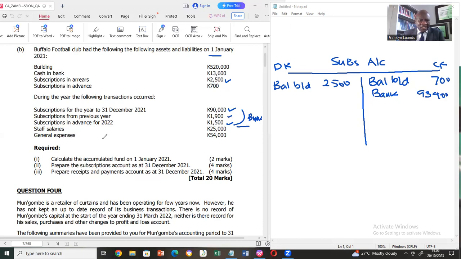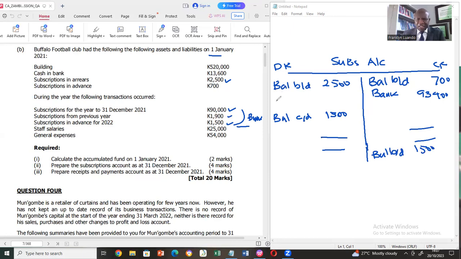At the current year, subscriptions in advance for 2022, it's this. This is a liability. So a liability at the end, this will be balanced, carried down, that is 1,500, so that when you bring it down, it will be on the credit side because it's a liability.